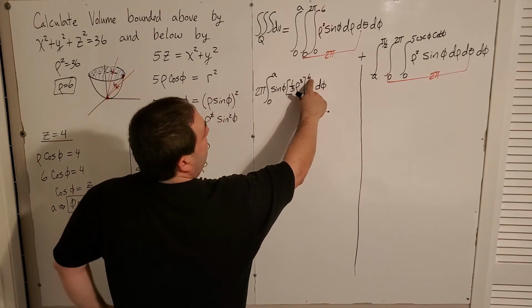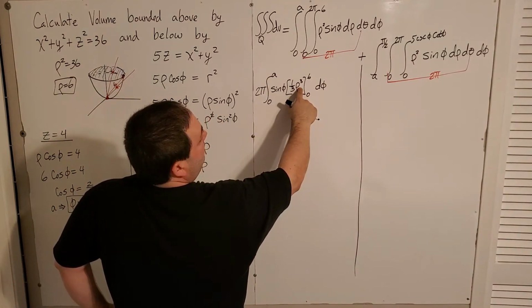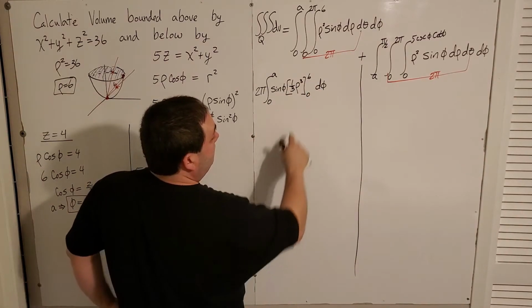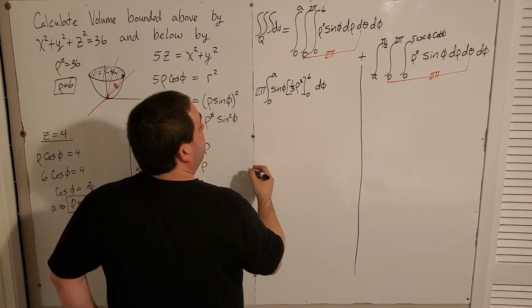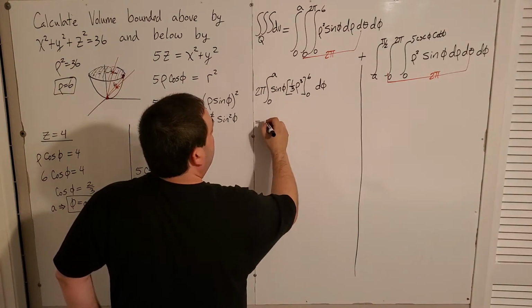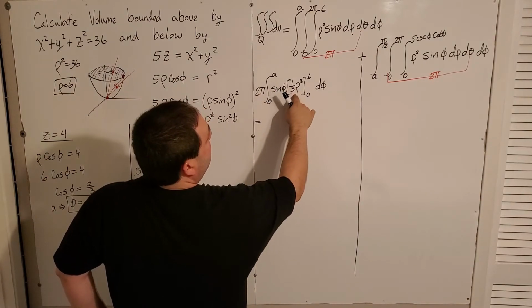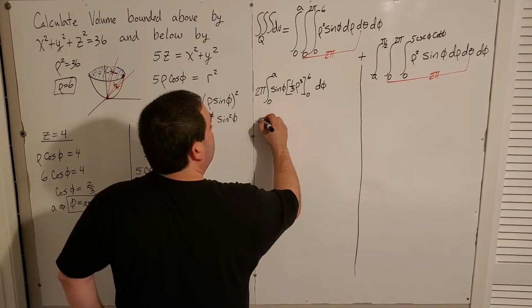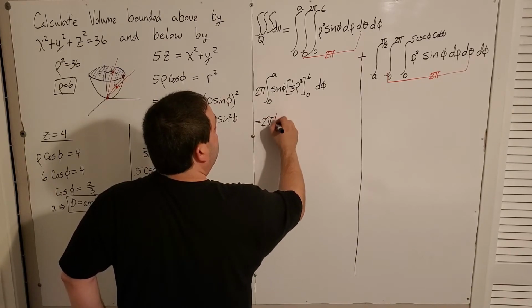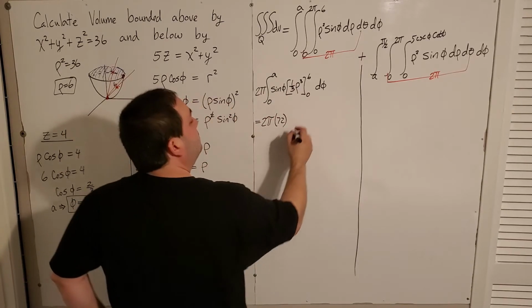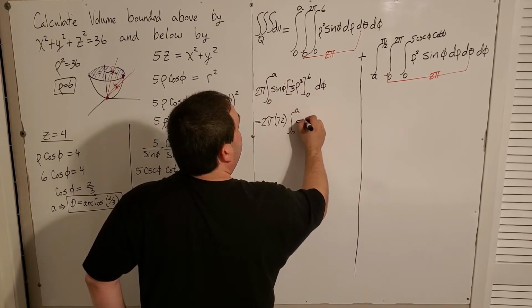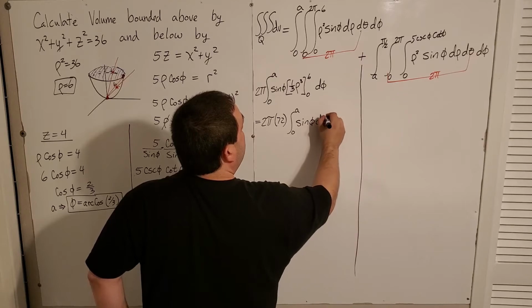Okay? So then 6 cubed is 216 minus 0 is 216 still, and then divided by 3. So I've got 2 pi times 216 over 3, which is, what, 72? So I've got 2 pi times 72. And then I've got the integral from 0 to a of just sine phi d phi.